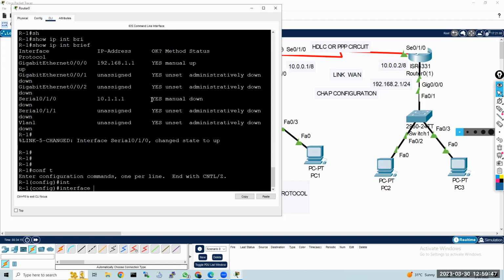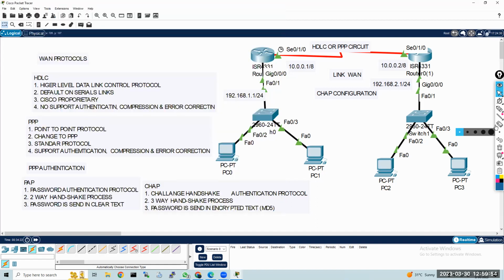So now I'm going to configure this on both the routers. Let me explain what I'm going to configure. On this serial interface and this interface, I'm going to configure encapsulation PPP and PPP authentication CHAP.